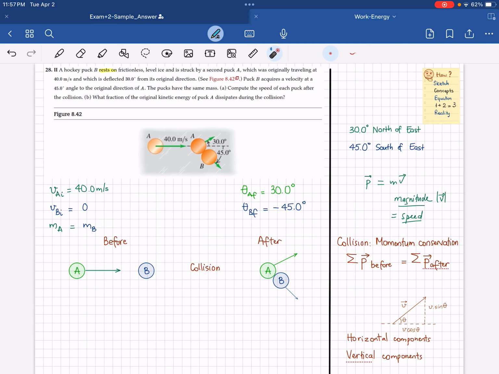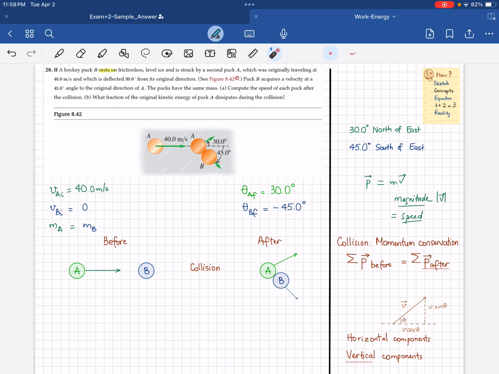You can choose any directions that you want to analyze, but the easiest are the horizontal and the vertical. And a hint for you: whenever you have a collision where momentum is conserved, it means that the horizontal components are conserved and the vertical components are conserved as well. So the net horizontal momentum before equals the horizontal component of this one plus the horizontal component of this one.